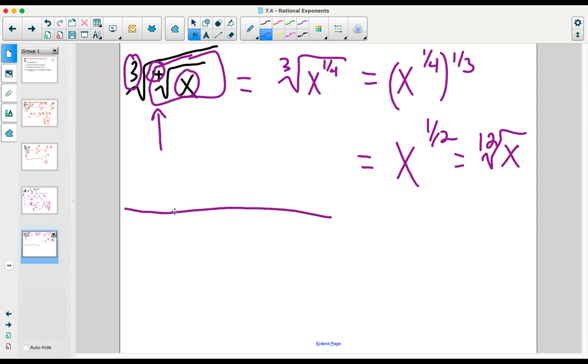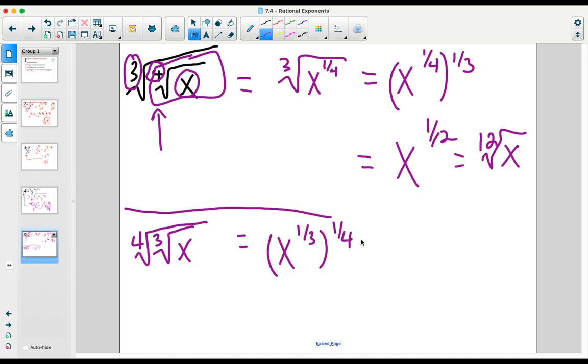Just a note on this example, let's say hypothetically that we gave a similar example where instead of it going 3rd root, 4th root, it went 4th root, 3rd root. In that situation, you would engage in a similar kind of rewrite, and you would end up in the exact same place, the 12th root of x.